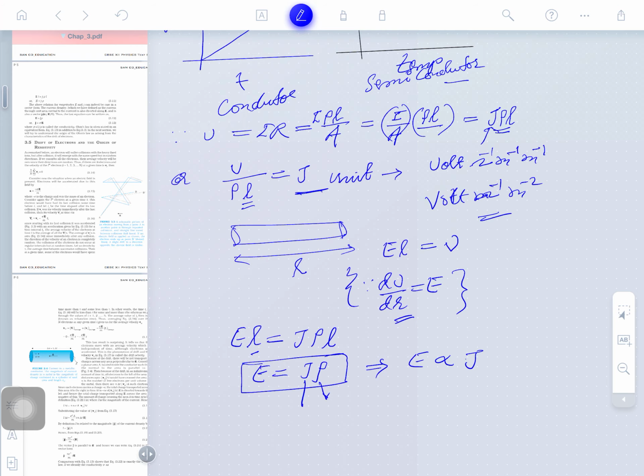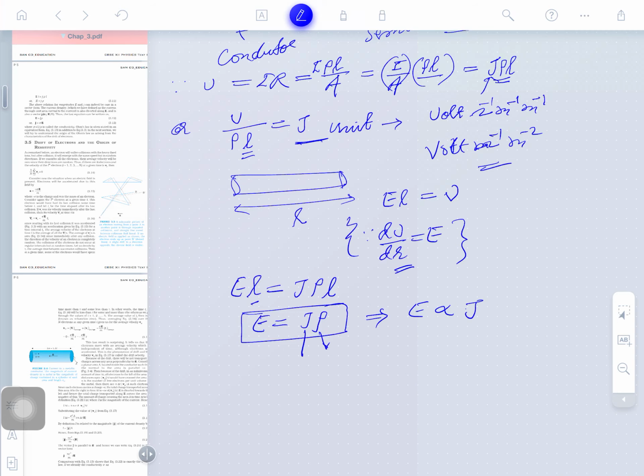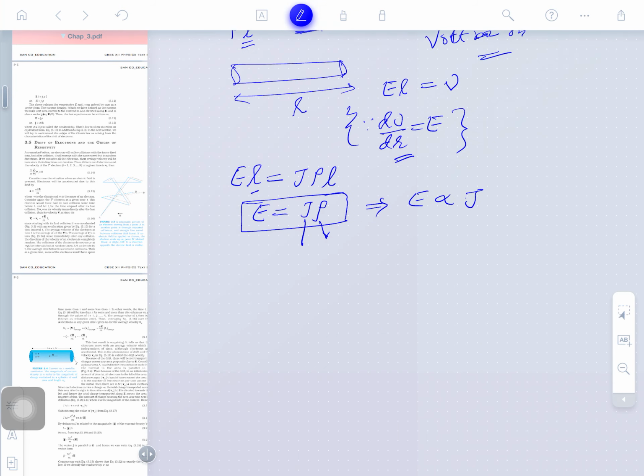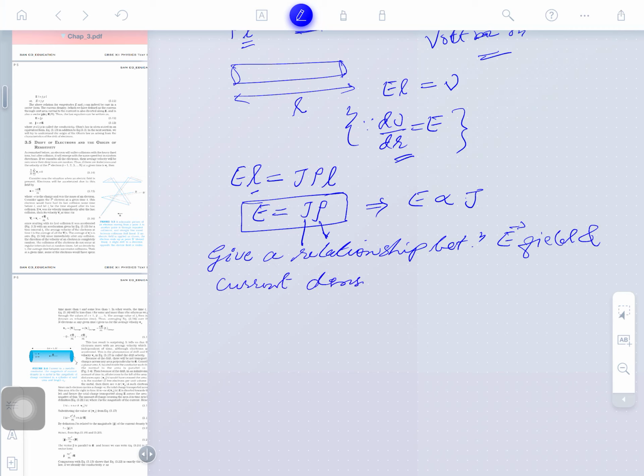Please write a question here: give a mathematical relationship between electric field and current density.